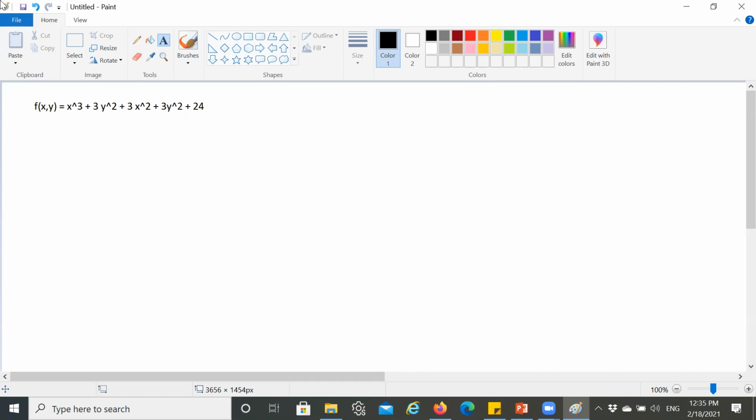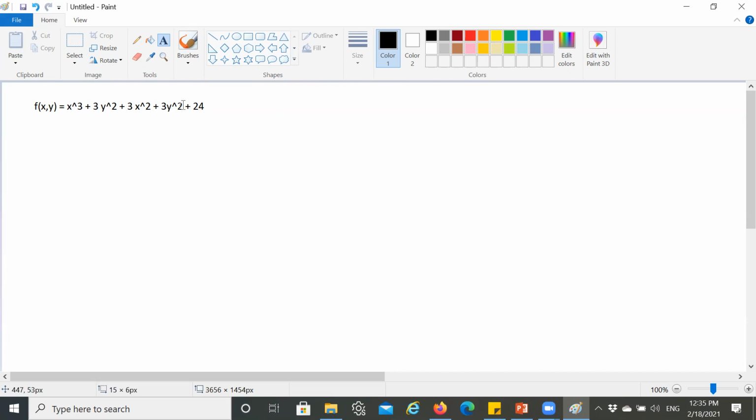So the derivative of this is with respect to x, with respect to y. Six y. Nine y squared. Maybe the last is 3y cubed. Yes, I think it's a cube. You're right.